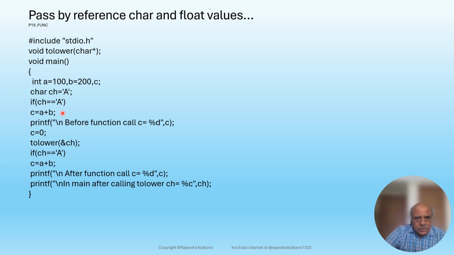In both cases, we are testing ch. If it is equal to 'A', the expression of the if becomes true, and c is equal to a plus b will be executed. In this case also, if ch is equal to 'A' is true, c is equal to a plus b will be executed.